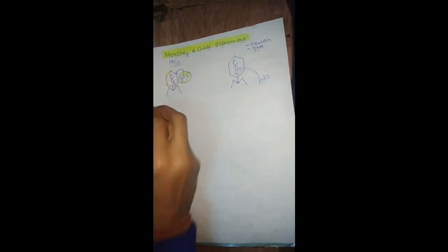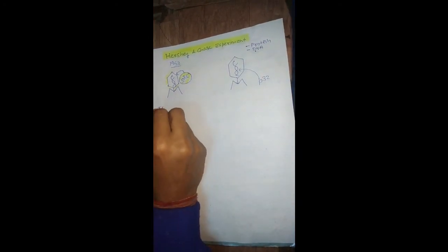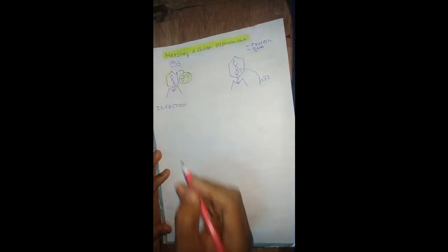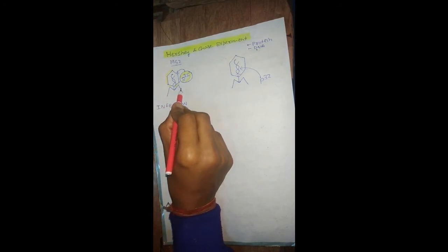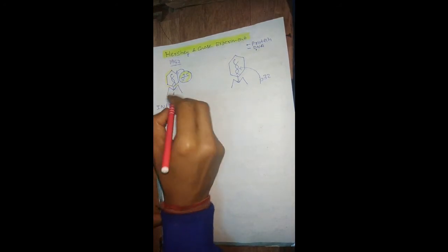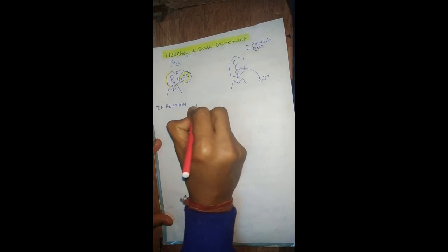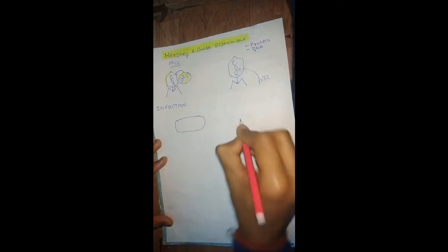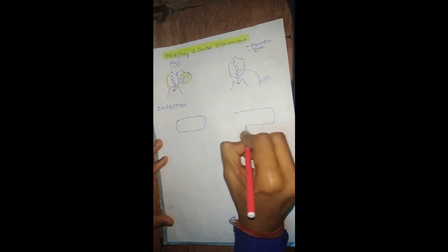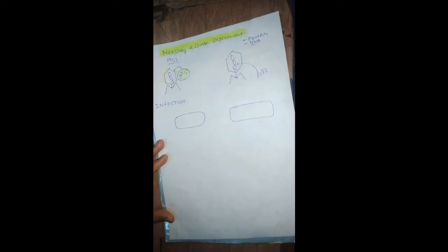The experiment proceeds in three phases. The first one is infection. As I have earlier told you, bacteriophage will only attack specific bacteria. Let's take in this case E. coli. It will infect E. coli. So I have drawn E. coli, and for this case also E. coli. Let's start.